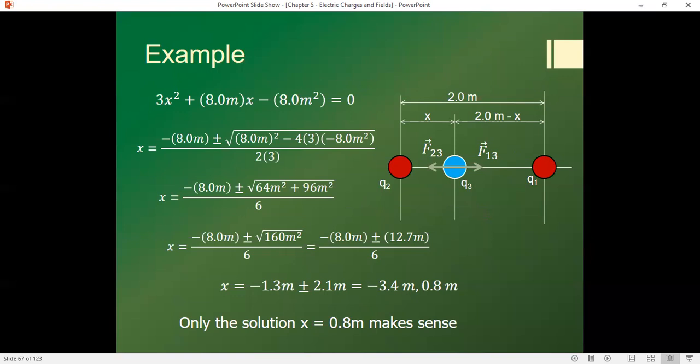Now, this one right here is a curious result because that would put the charge on this side, but it wouldn't be balanced because it would be attracted to both charges. So this solution right here doesn't work. The 0.8 meters makes sense.